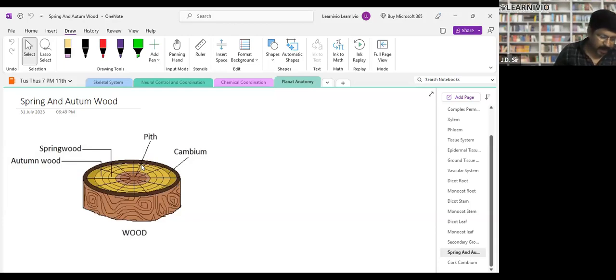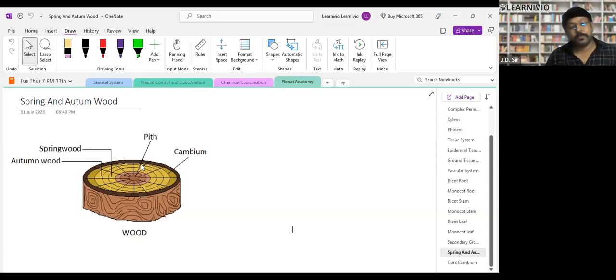In spring season, the xylem elements or vessels will have wider cavity.